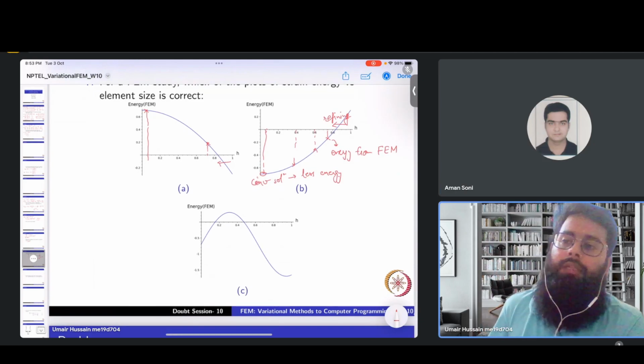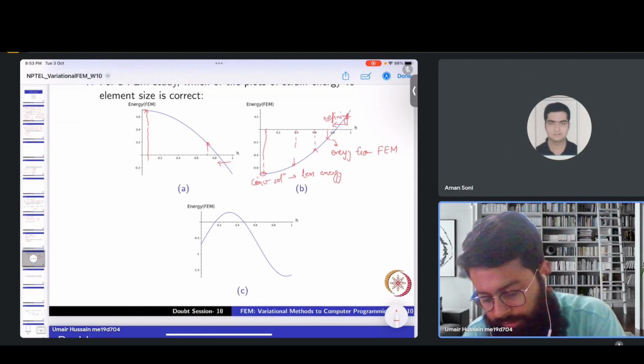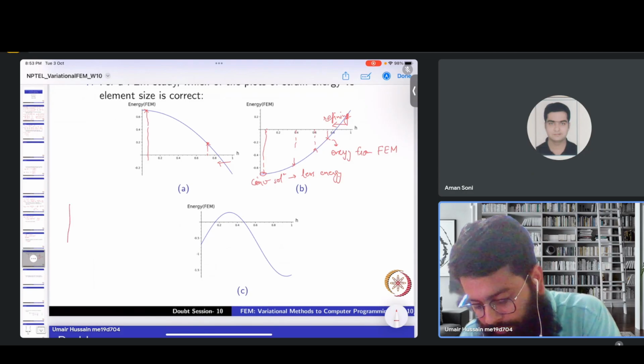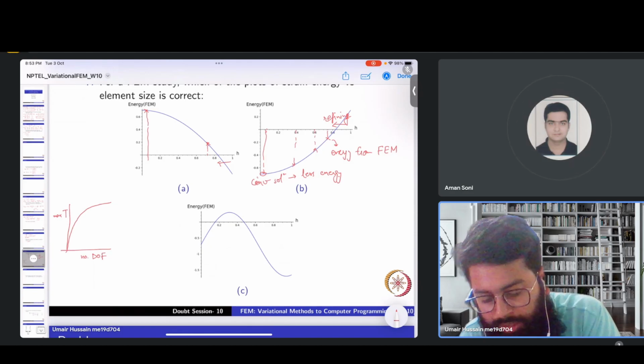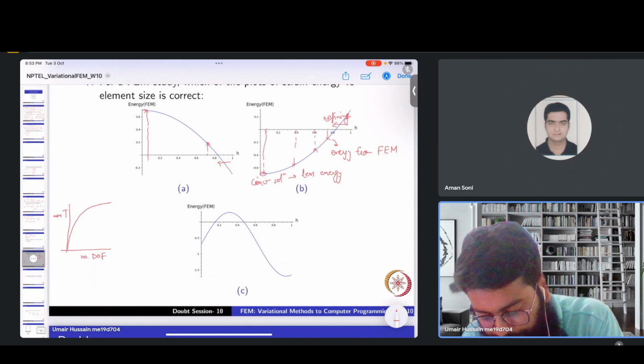You remember in lectures there's a plot generated for some value like max temperature versus number of degrees of freedom. This plot is just the opposite of this plot.